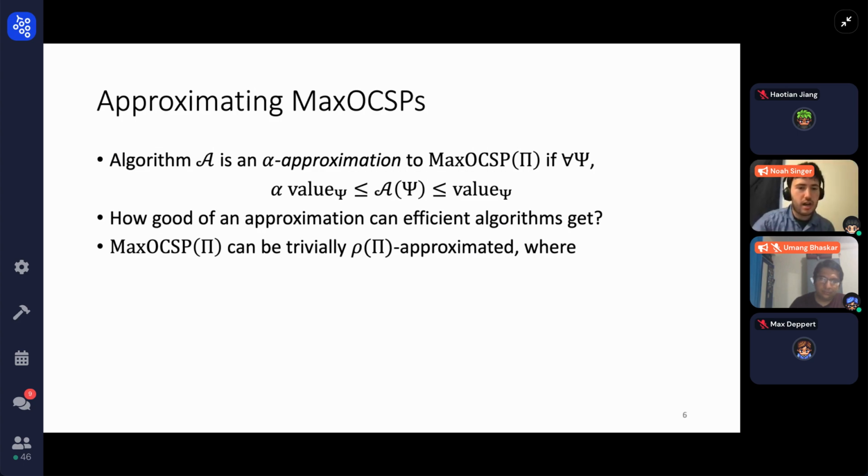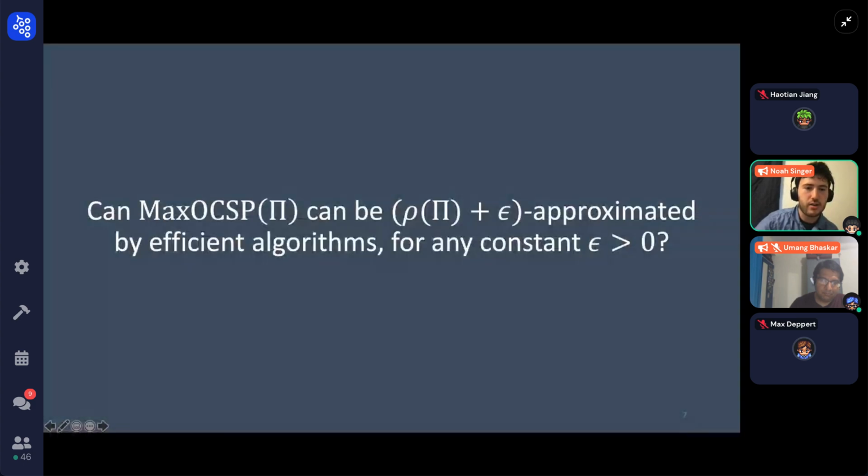So something that's important to note is that the max OCSP pi problem has a trivial approximation. It is what we call rho of pi, where rho is just the probability that a random ordering will satisfy any particular constraint. So the question is, can we beat this sort of trivial rho factor by some constant amount?